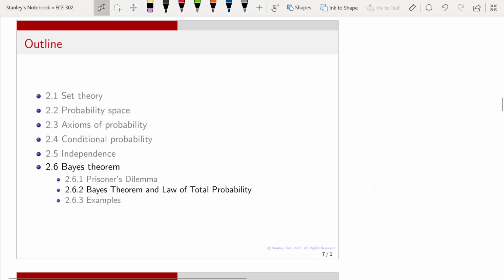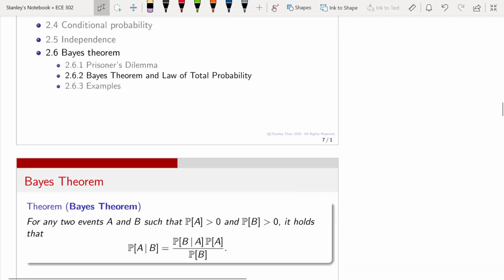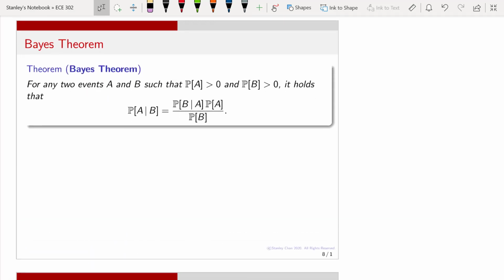So let us go to section 2.6.2, which is the discussion on Bayes' theorem and the law of total probability. First of all, let me introduce this theorem. It's called the Bayes' theorem.